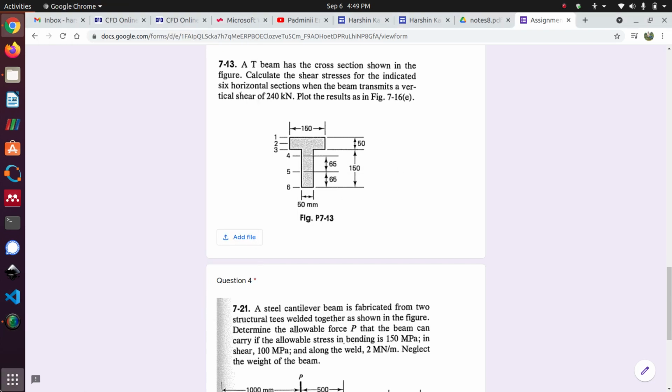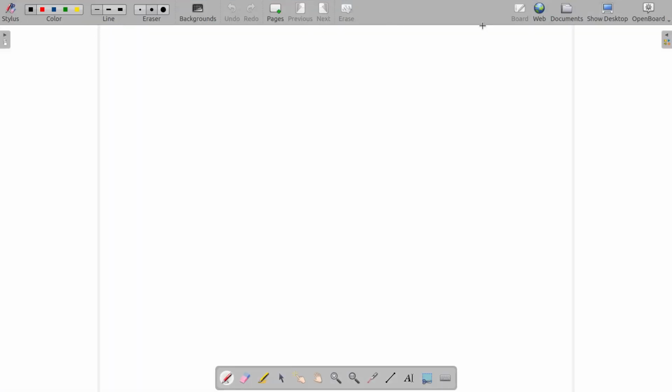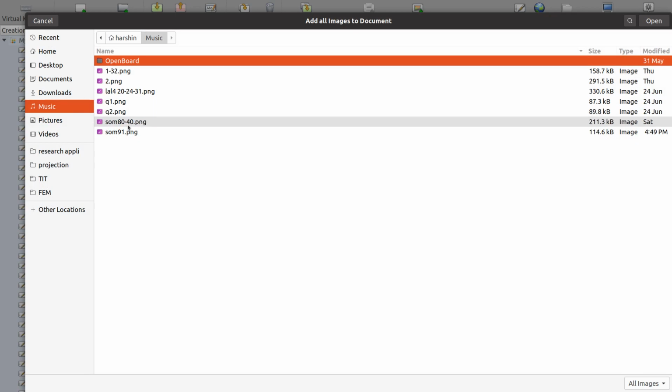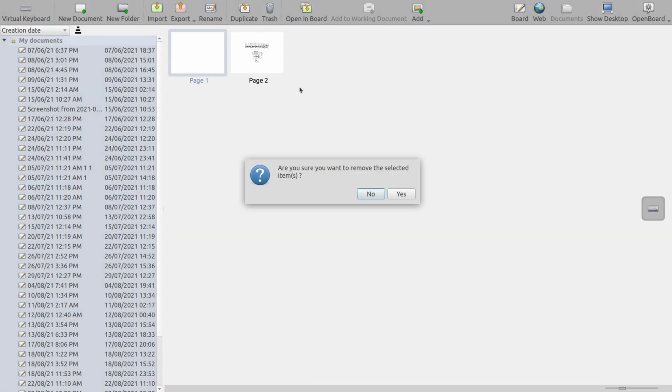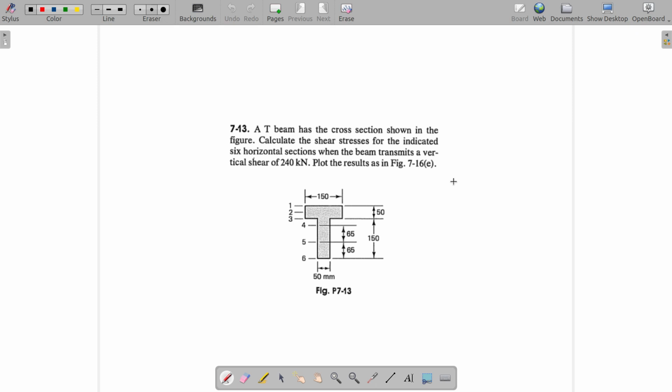So the formula for shear stress is nothing but VQ by IT, and it's clearly given that the beam transmits a vertical shear of 240 kilonewton.